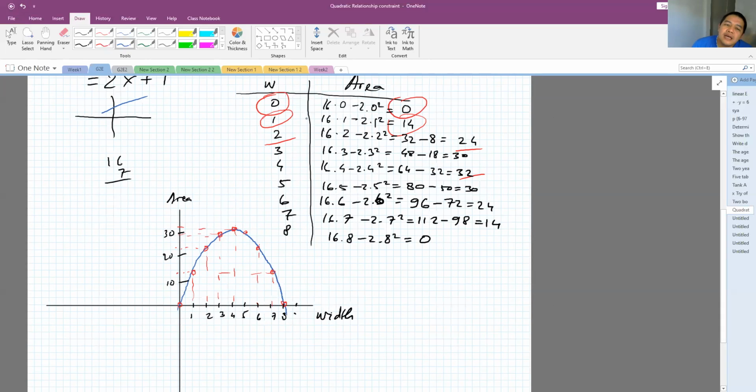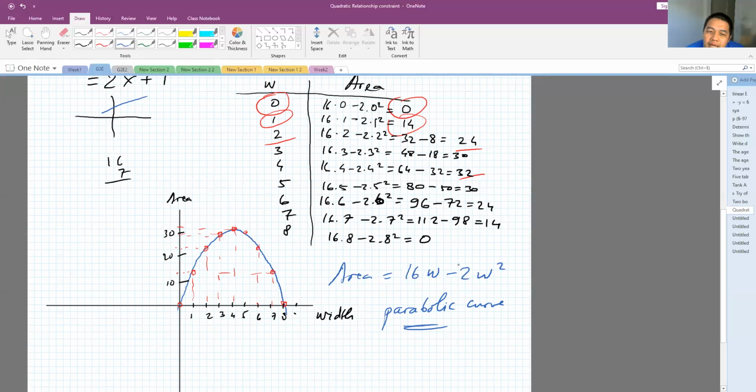So what you see here is that the quadratic relationship that we had before, where the area equals 16 times the width minus 2 times the width squared, the graph that we got here is no longer a straight line. So it's a bending curve like this, and it's called a parabolic curve. So that is the kind of curve that we will get from a quadratic relationship like this one, yeah?